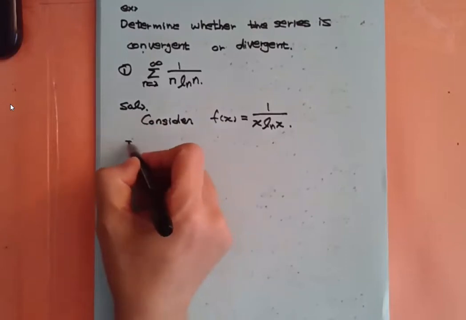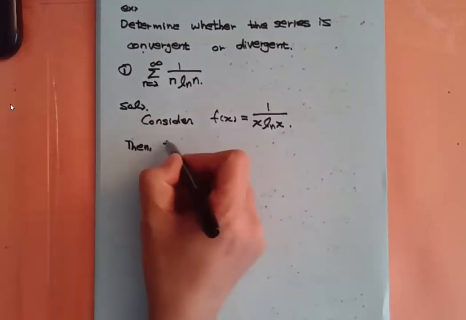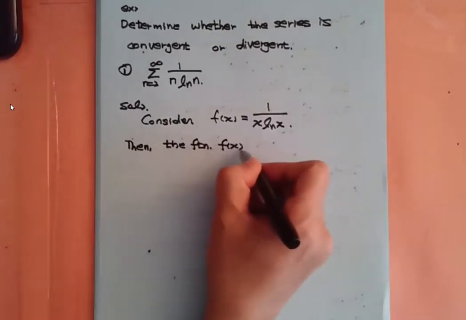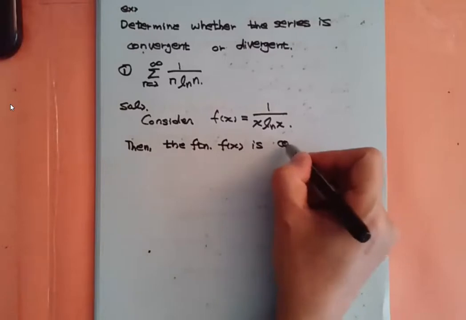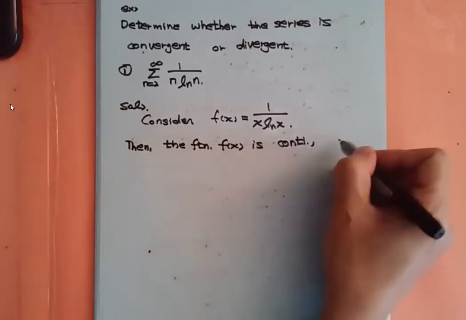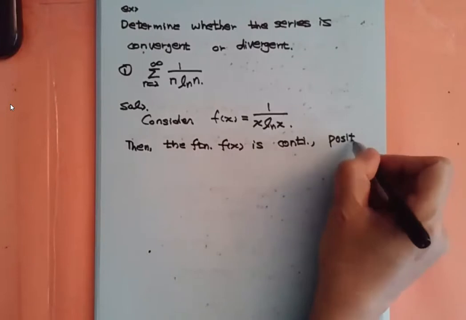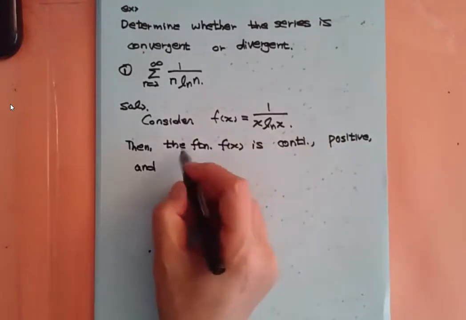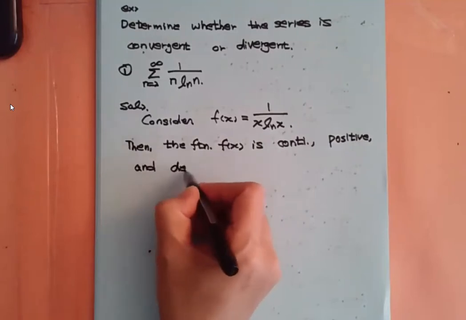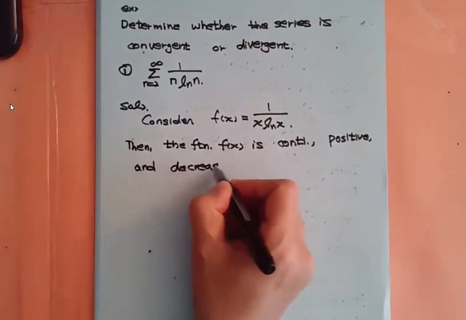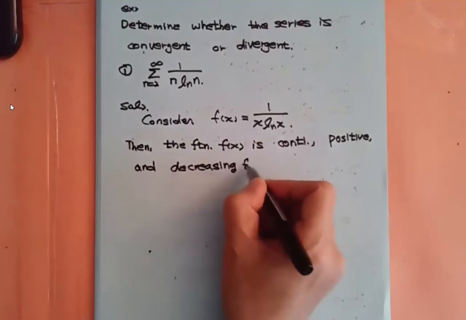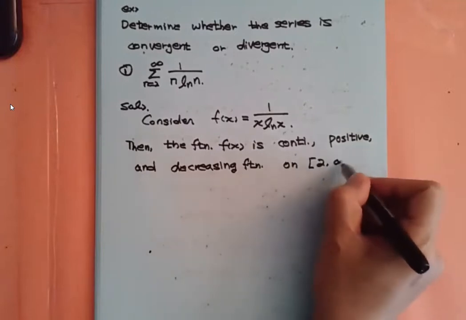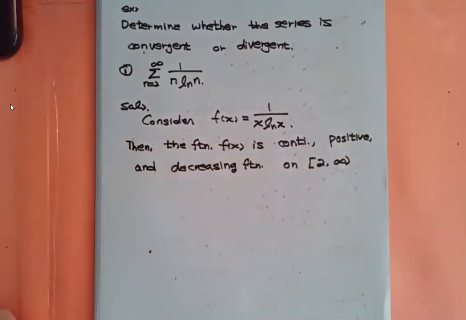So the function f of x is continuous, positive, and decreasing on the half open interval 2 to infinity.